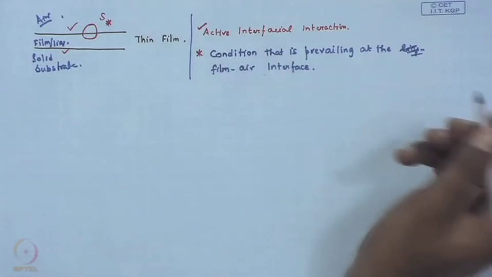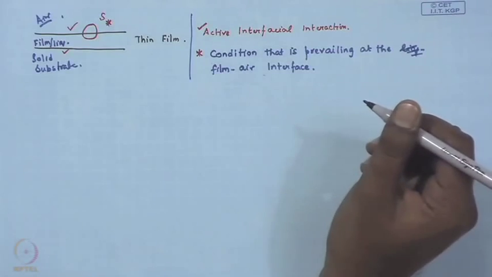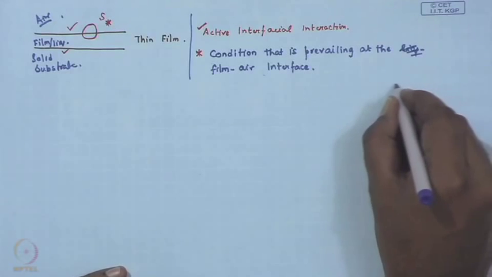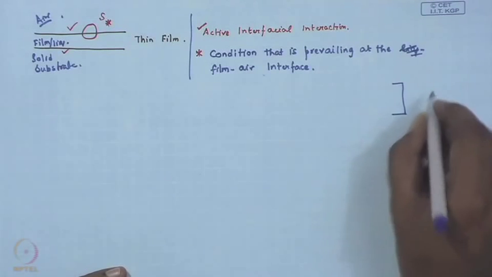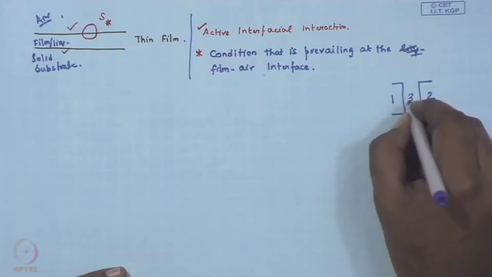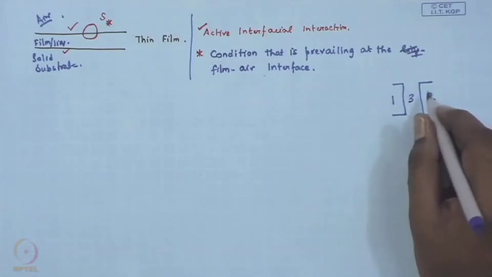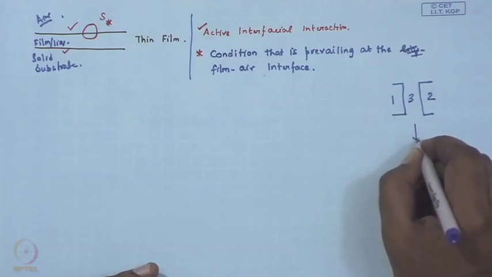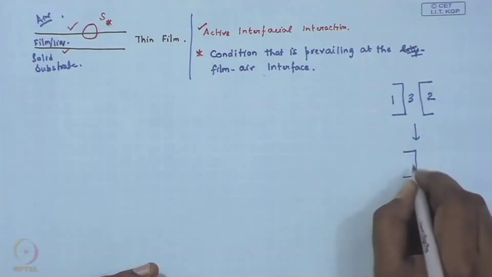So, if you are talking in terms of a coating application, you would like your film to remain stable. For example, in the previous couple of lectures back, we were talking about a situation where you have two components, two objects, and you have a liquid 3 in between them, and they were coming in contact, dislodging the liquid.